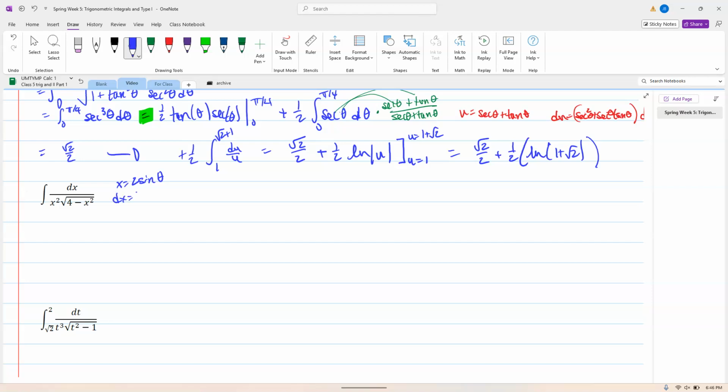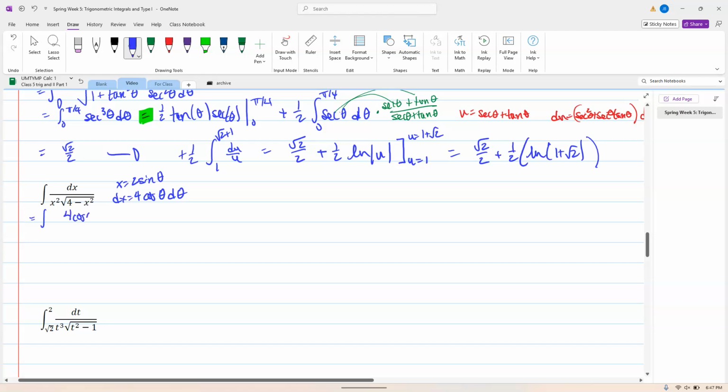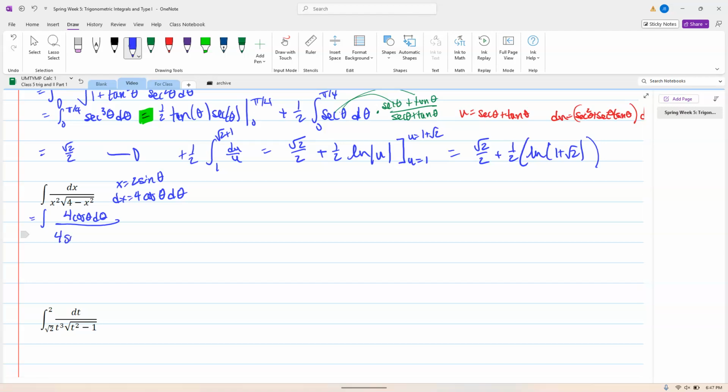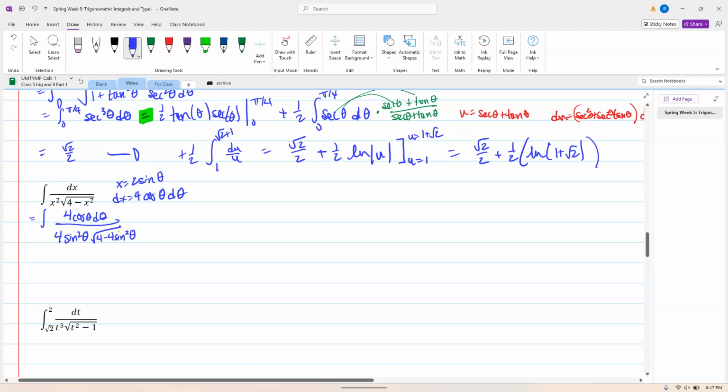Then dx is going to be 2 cosine theta d theta. So I'm going to substitute in. dx was 2 cosine theta d theta over 4 sine squared theta, and then square root of 4 minus 4 sine squared theta. I'll write it out.